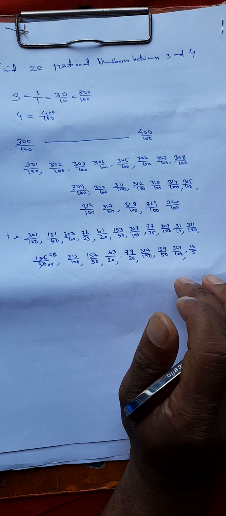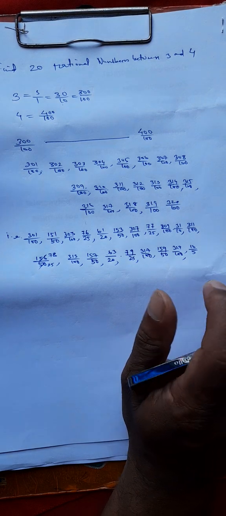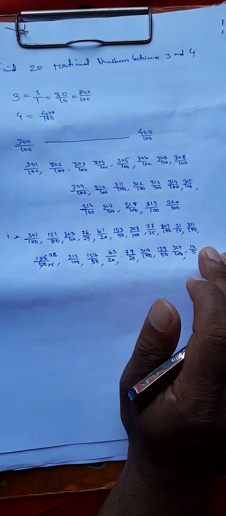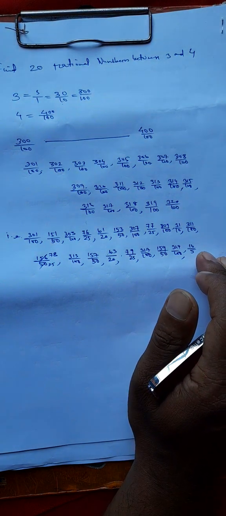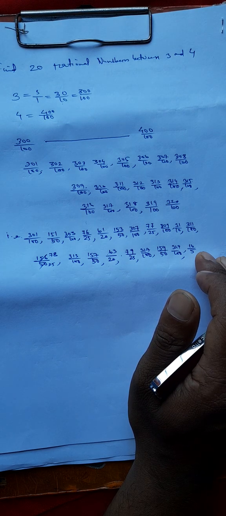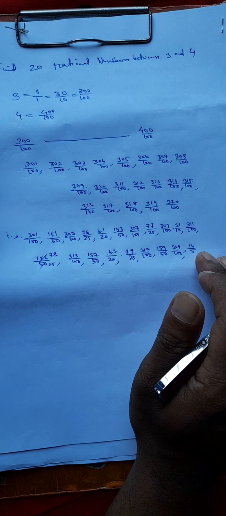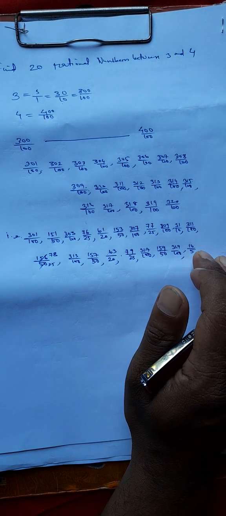That is how we can find infinitely many rational numbers in between two given numbers. So in between two integers you will find infinitely many rational numbers. That means in between two rational numbers there are infinitely many rational numbers.